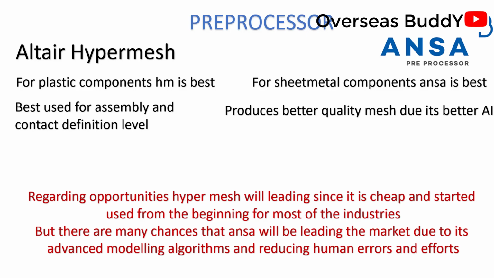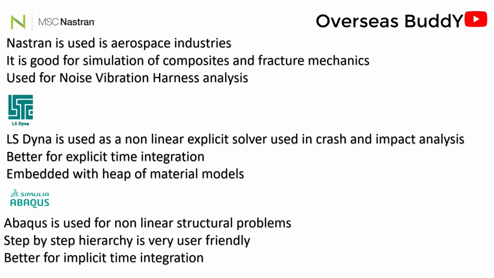HyperMesh is used mostly for pre-processing of plastic components and is best for assembly and contact definition. For pre-processing of sheet metal components, ANSA is best and produces better quality mesh due to its better AI algorithm. Nastran is a solver used in aerospace industries for simulation of composites and fracture mechanics.